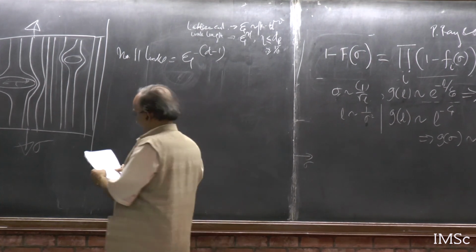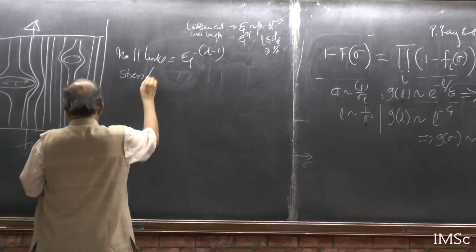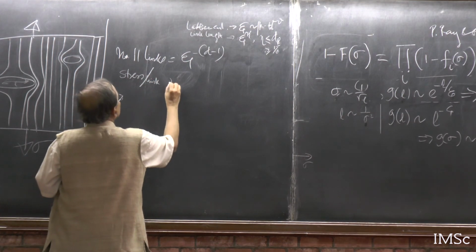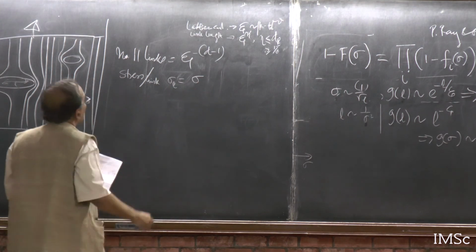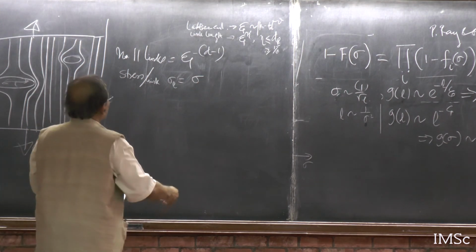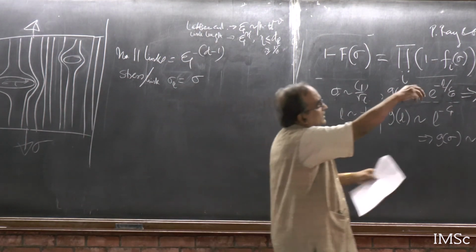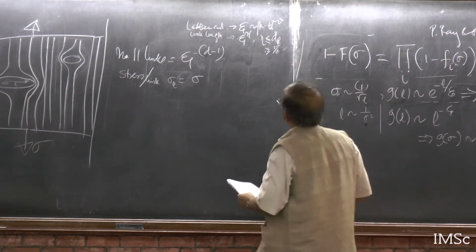Otherwise this. Then stress per link, say sigma link, is sigma divided by the number of parallel links, since this many links are supporting the stress sigma.